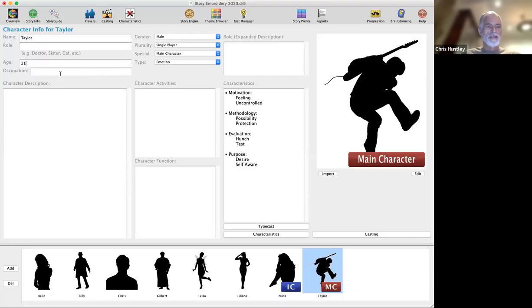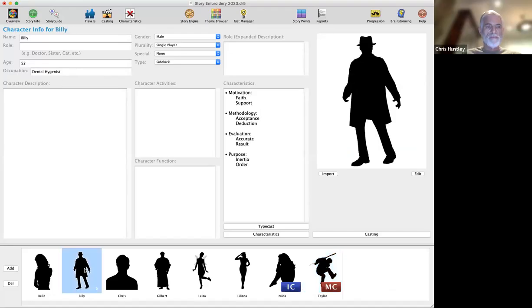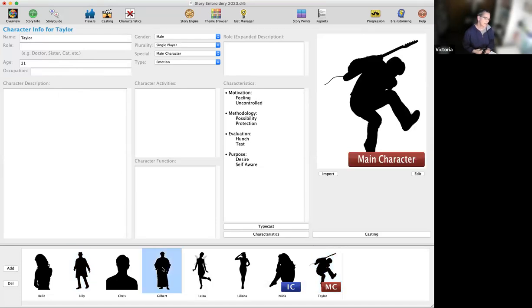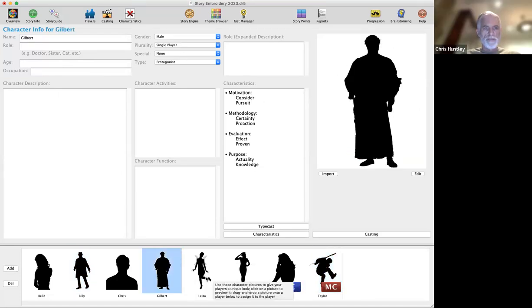Excellent. And because I wanted to define another one, Billy, who is the same age? No, we have Billy as a 52 year old dental hygienist. Then who else is left? Gilbert is left.